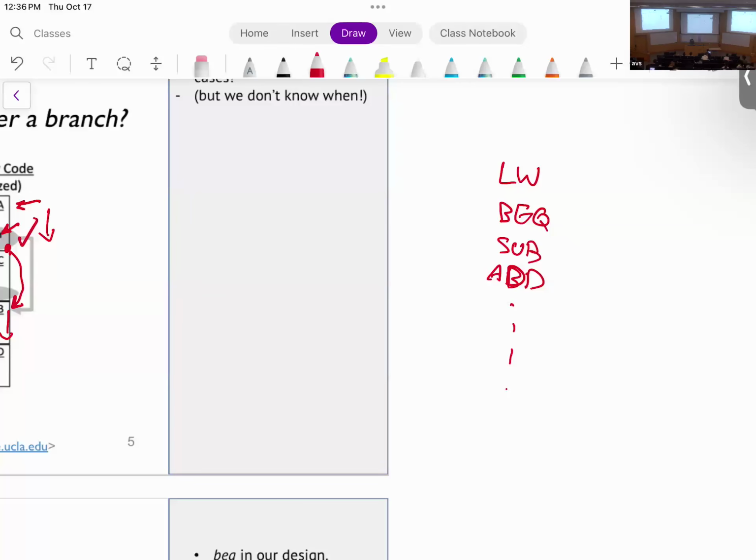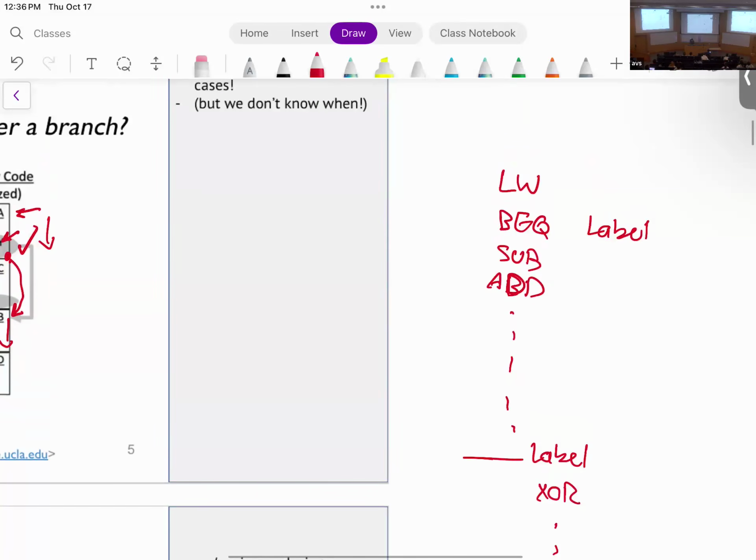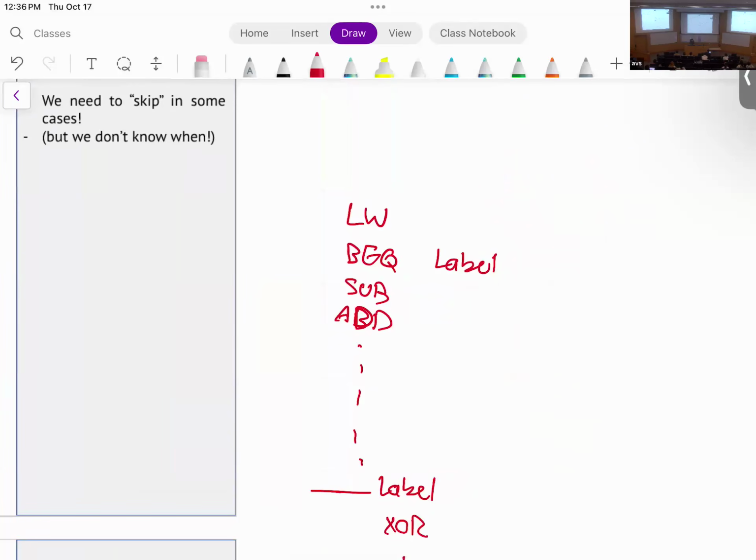Then lots of instructions later, so this is branch to a label, and the label is here, and then I have, for example, an XOR, and so on. Now think about your pipeline. Your load word goes into the pipeline. That's great. Then the load word goes to the next stage, and now the BEQ comes.